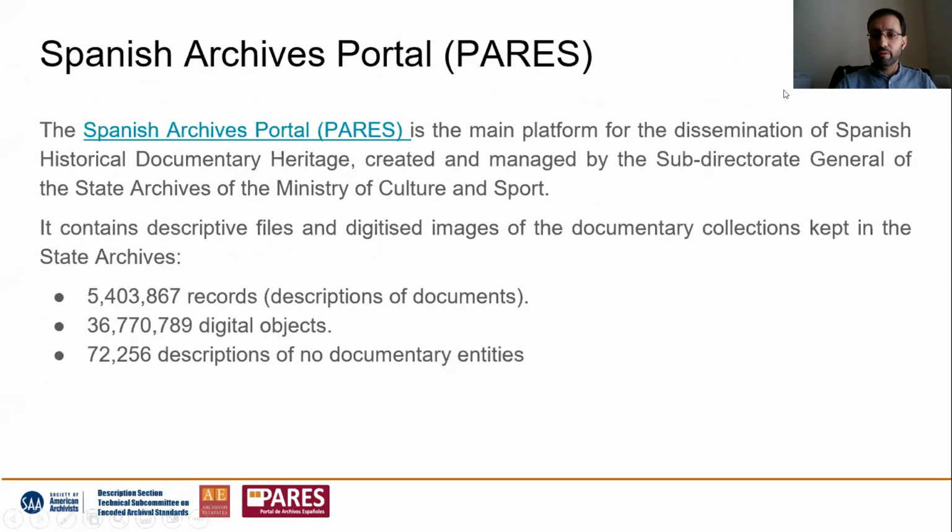First, I want to explain what the Spanish archival portal called Pares is. The Spanish Archives portal is the main platform for the dissemination of Spanish historical documentary heritage, created and managed by the Subdirectorate General of the State Archives of the Ministry of Culture and Sport. It contains the classified records and digitized images of the documentary collections kept in the State Archives.